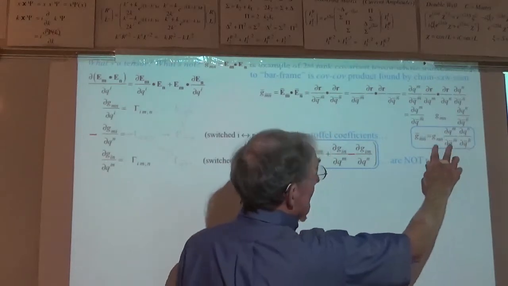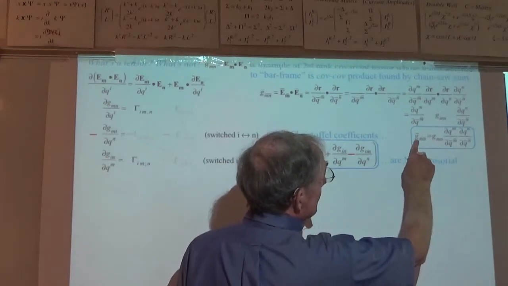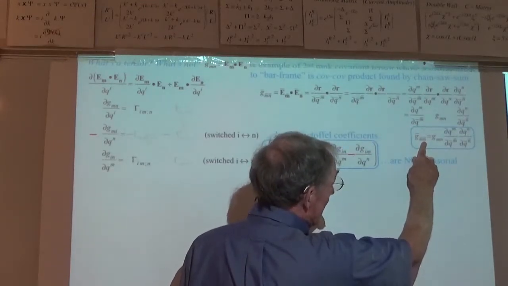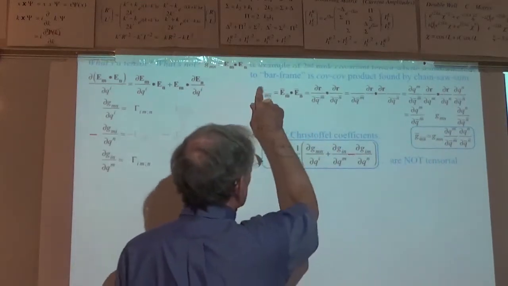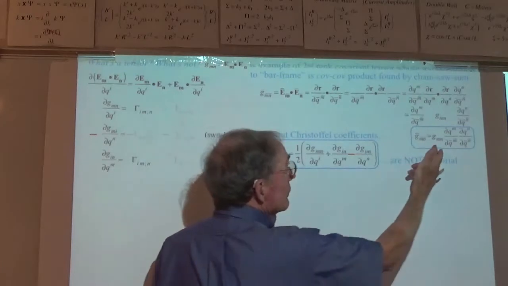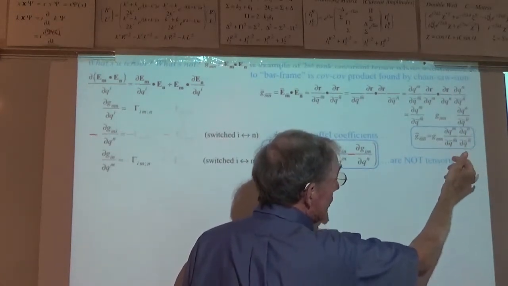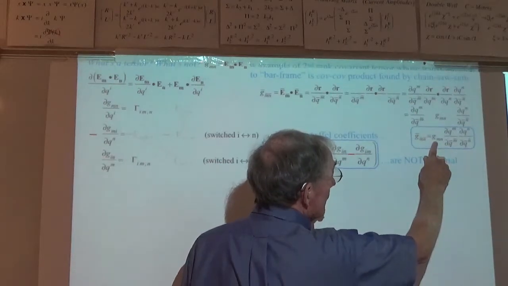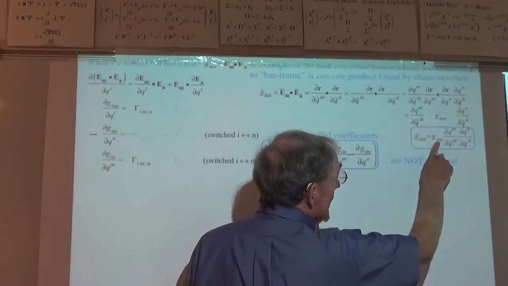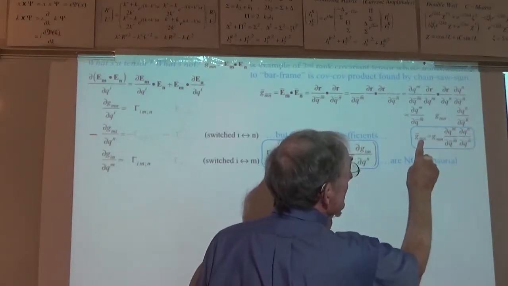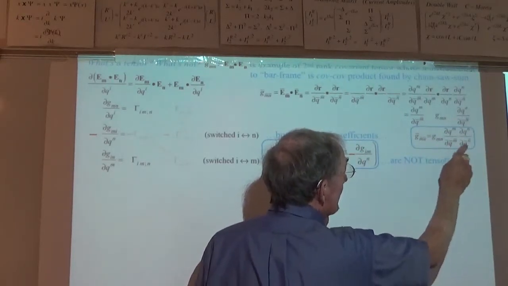I'm thinking of something that's coming up very quickly. But this would be the G bar, M bar, N bar metric tensor that we started with as a linear combination, a product of two Jacobian components, summed over all the M's and all the N's for a particular M bar and N bar.